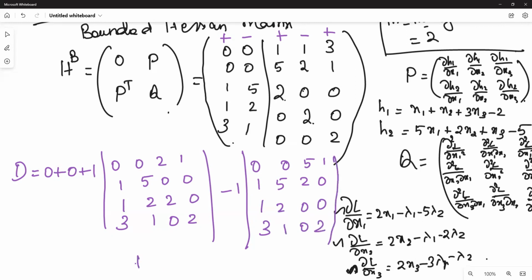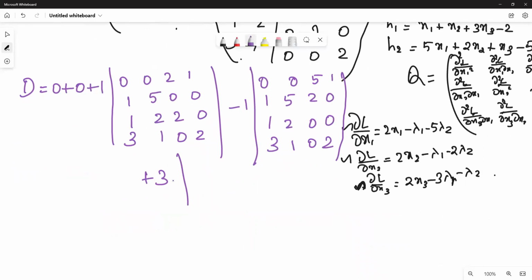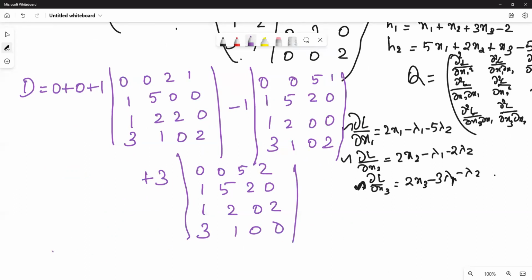Last one, plus 3 into the determinant of 0, 0, 5, 2, 1, 5, 2, 0, 1, 2, 0, 2, and 3, 1, 0, 0. This determinant value we have to calculate, and we have got it as 460. The value we don't want, only the sign we need.